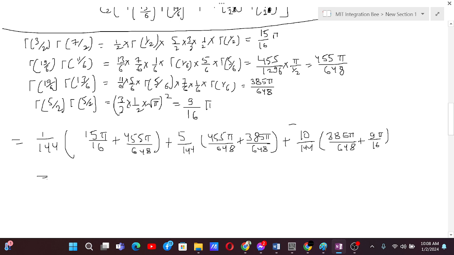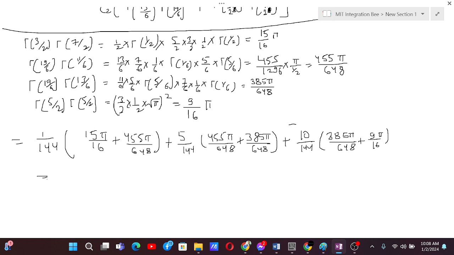There are also cases of AI, and when AI can do the task, it doesn't mean we do not do it. But still, the calculator is easier, and so I'm just pressing these huge numbers, and it will take just some time. 385 by 648 plus 9 by 16.